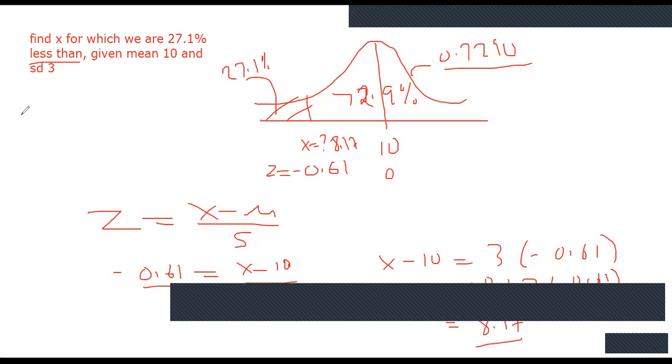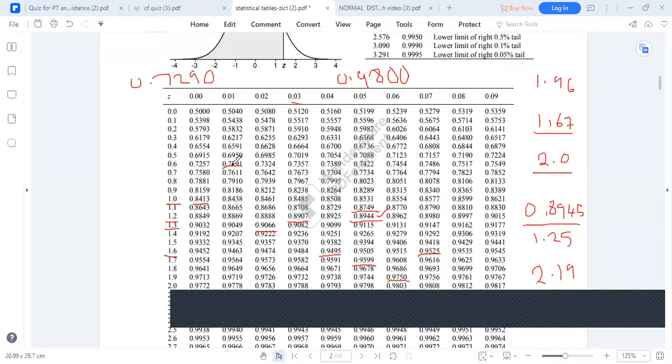The 0.7290, the closest figure was 0.7291. So we read it as 0.61. That's the reading for that 0.7290. It is equivalent to this. This is just a probability. We now need to convert it to Z.